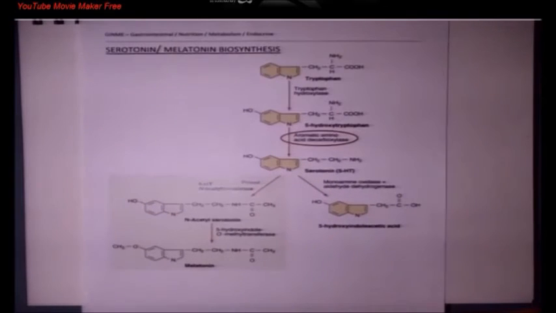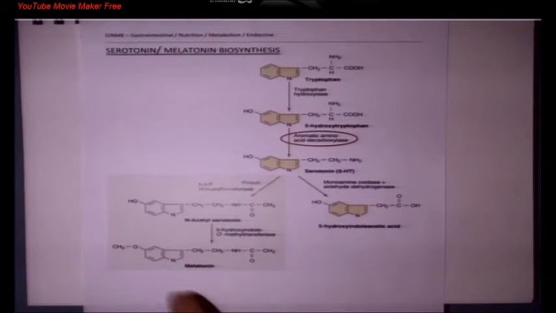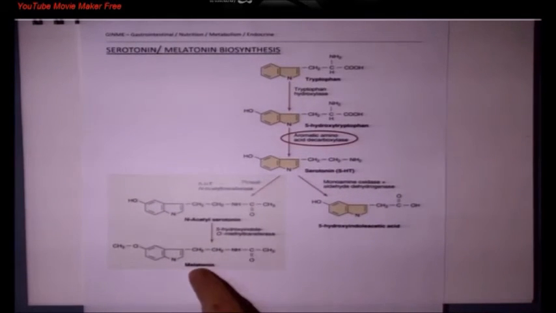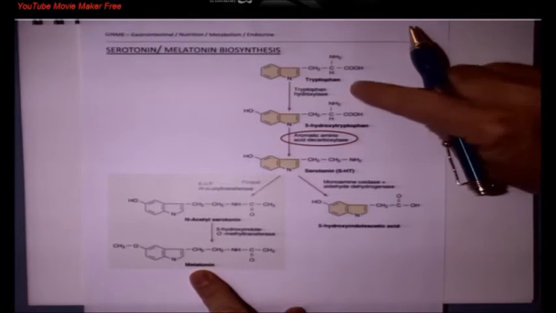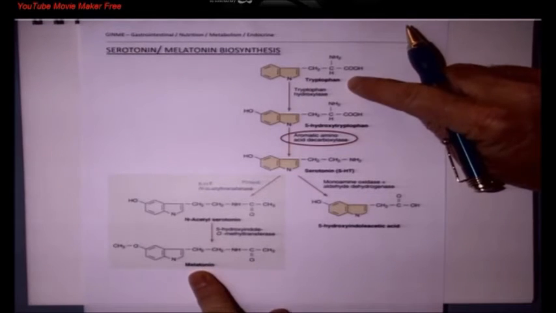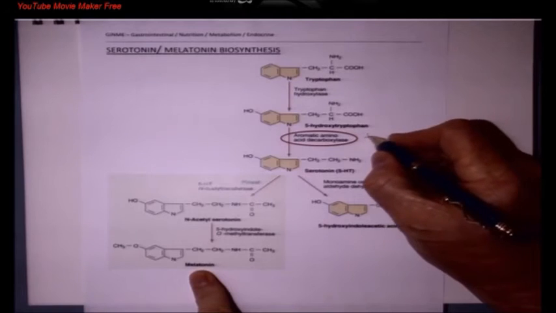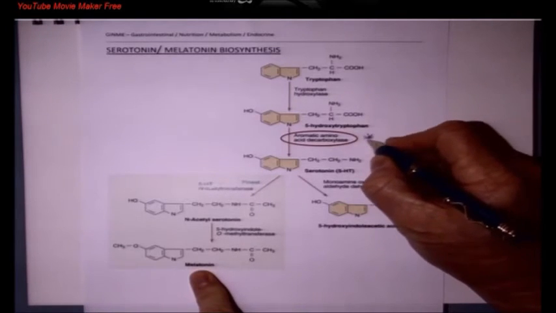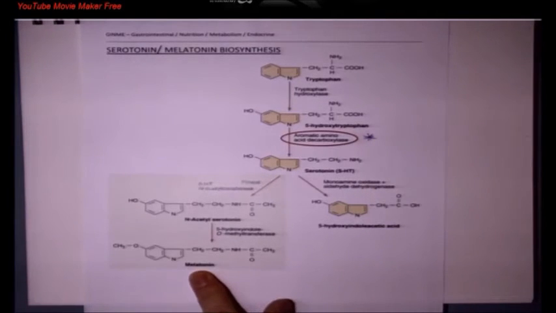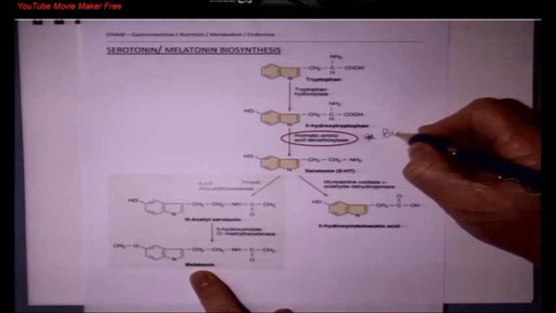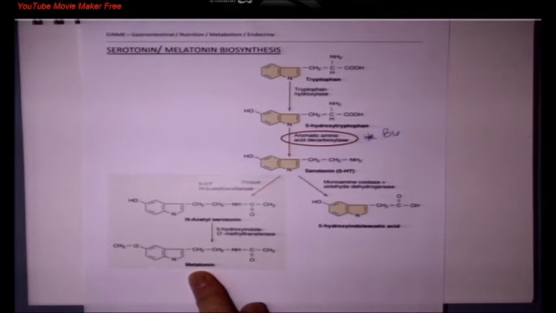The other one, same thing. Not important for this portion of the block, but synthesis of serotonin and melatonin comes from tryptophan. And this particular enzyme, this decarboxylase, is also vitamin B6 dependent.